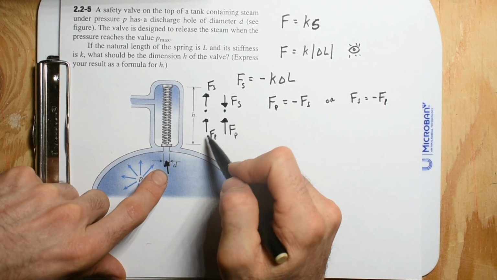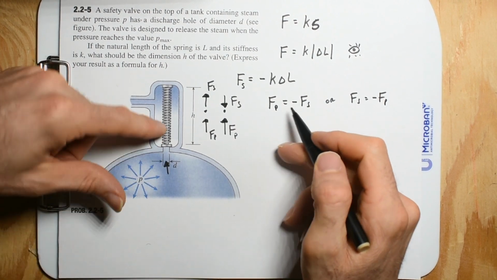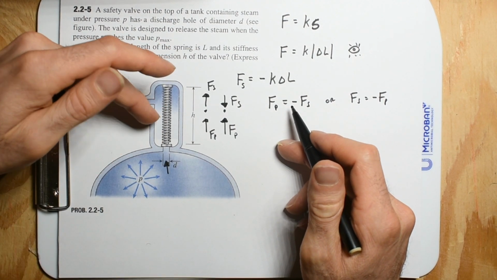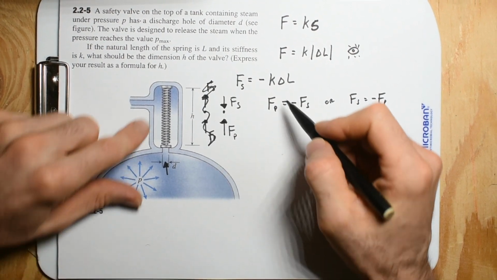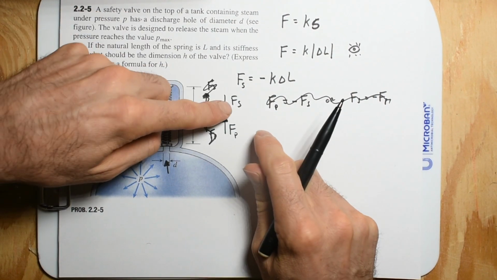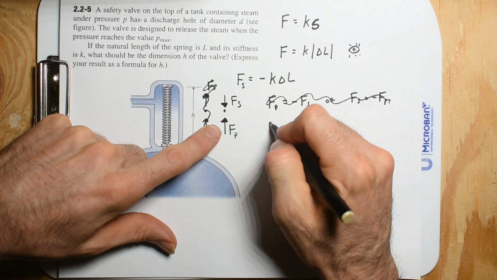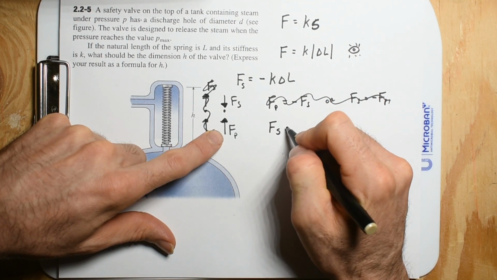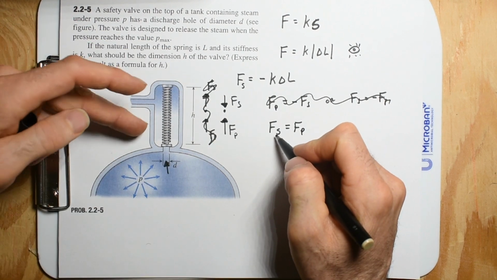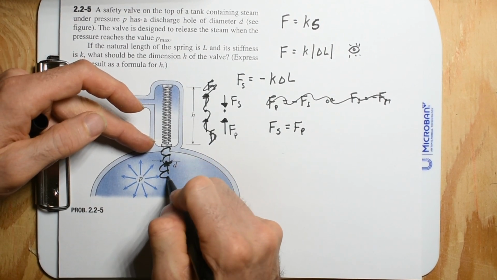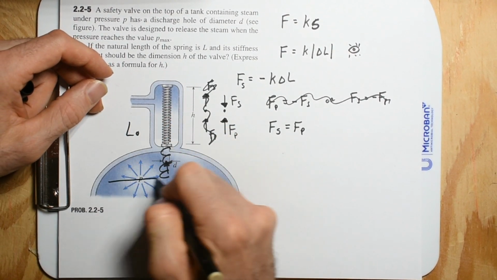That means, by summing the moments in the y direction, the force of the spring has to be downward. So let's use that as a proof that we have the force of the spring downwards, force of pressure up, and then the sum of the forces in the y direction just shows that these are going to be equal. This had an initial length of L naught, which was down to here.